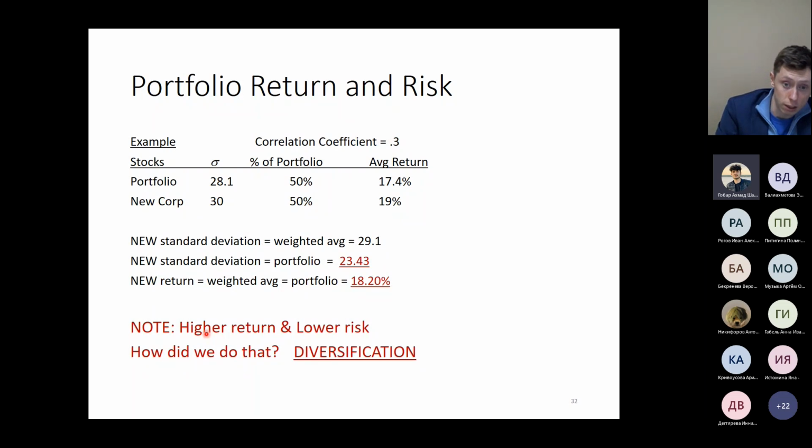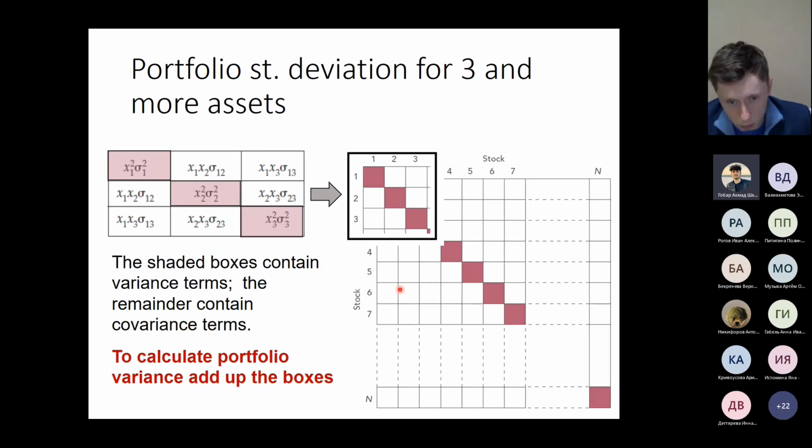If assets are not correlated, what we added into our portfolio is a stock with a higher return than the average we have in the portfolio, and the asset, even though it is itself quite risky, what is important for us is that this asset is not correlated with our stock, or with the rest of the portfolio. So this is 0.3, and this is how we achieve the superior result of the portfolio.